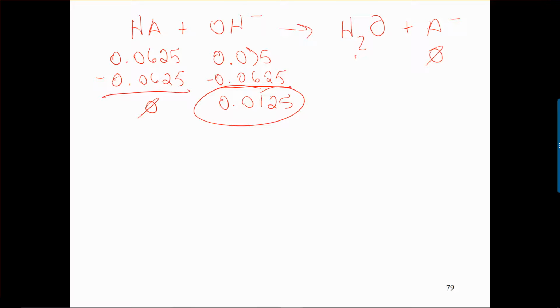Take the negative log of that. What's your POH? Don't even worry about it. Once you find that you have excess of the OH minus, that's your POH. Find your POH. What is your POH? 1.9. Okay, so pH equals 12.09. You're done.